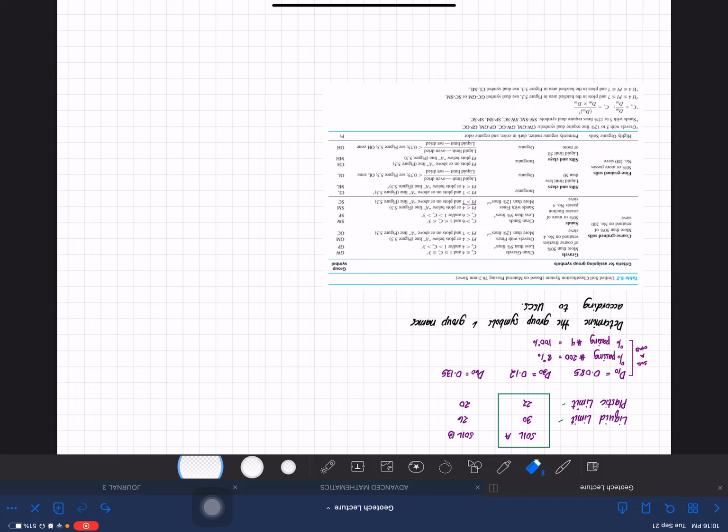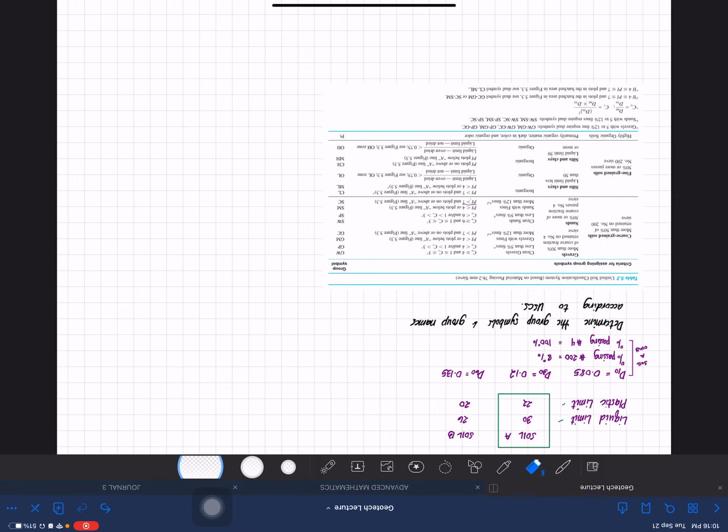USCS stands for the Unified Soil Classification System. Parang similar lang siya sa AASHTO classification kasi table lang din yung gagamitin. Pero in here, iba na yung parameters niya.